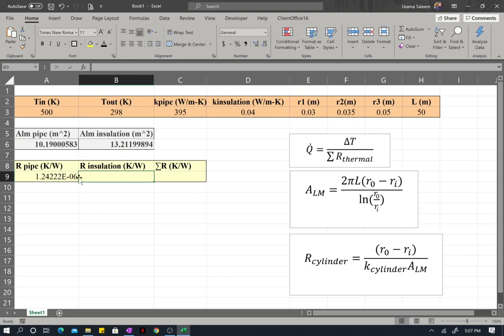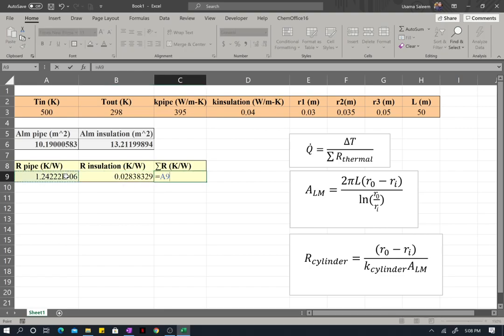Now for insulation, let's see how that translates. When compared to the resistance of the copper pipe, the resistance is much higher, orders of magnitude higher. And the net resistance is just going to be the summation of these two.